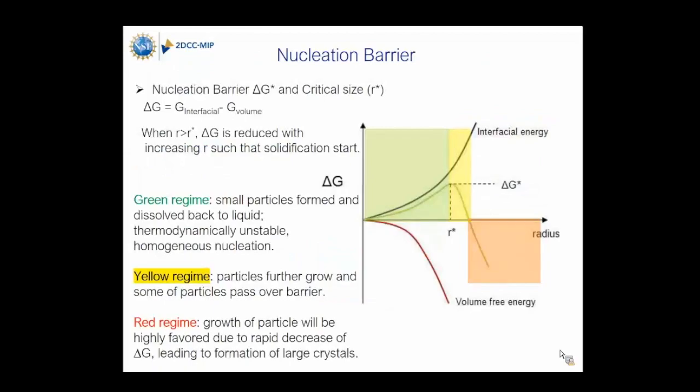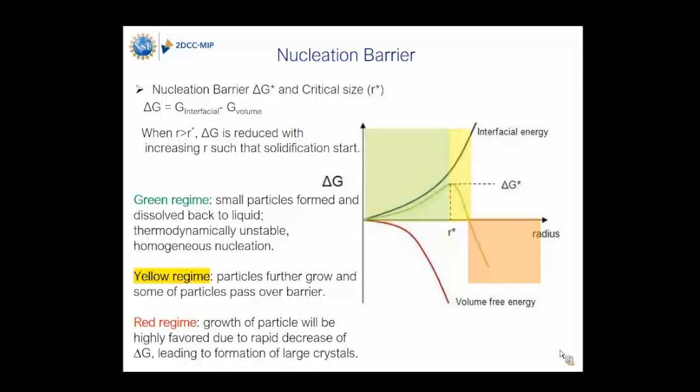Next, the concept I want to talk about is the nucleation barrier. When you want to grow a crystal, the nucleated particle has to overcome the nucleation barrier. We may use this curve to explain what it means.